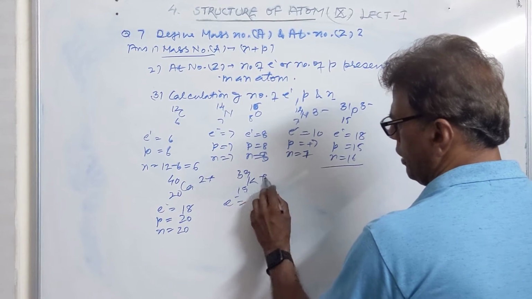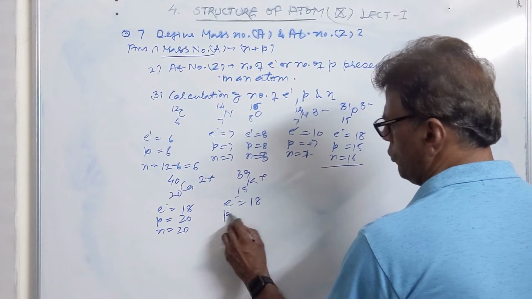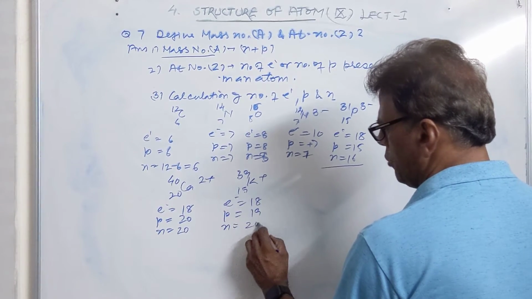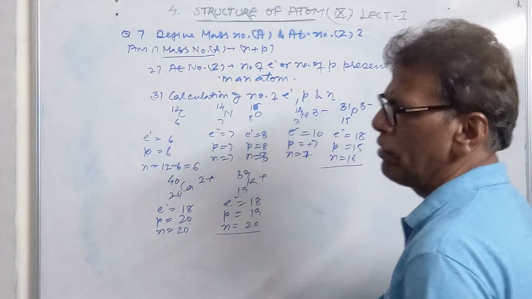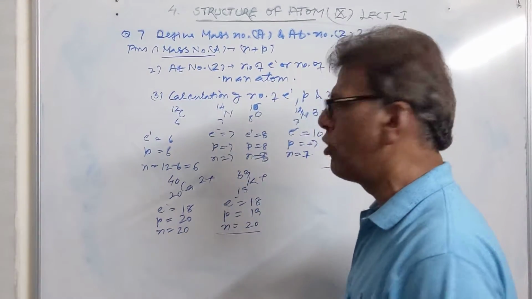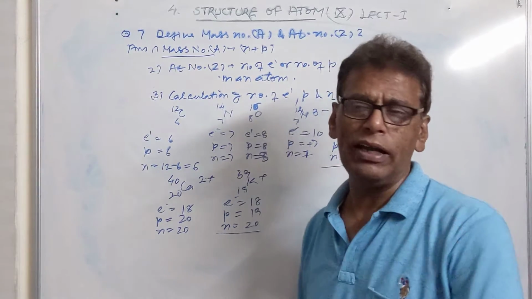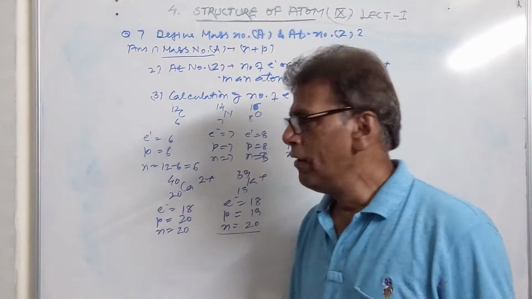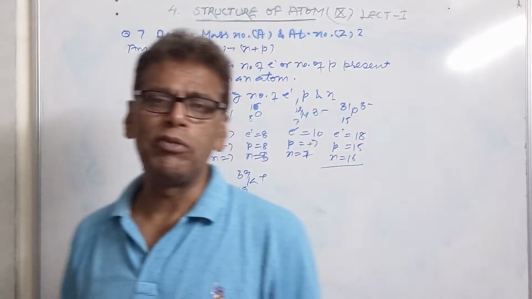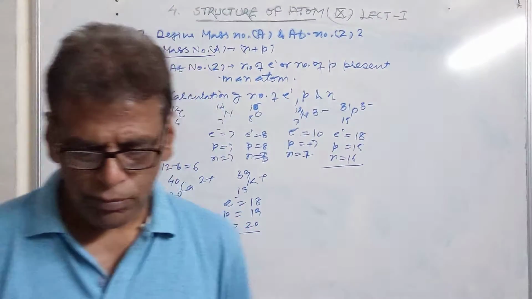Electrons are 19 minus 1, which is 18, protons are 19, and neutrons are 39 minus 19, which is 20. So in this manner, for positive species the electrons are reduced. For negative species, electrons are increased equal to the charge. But in the case of neutral species, there is no change in the number of electrons or protons.